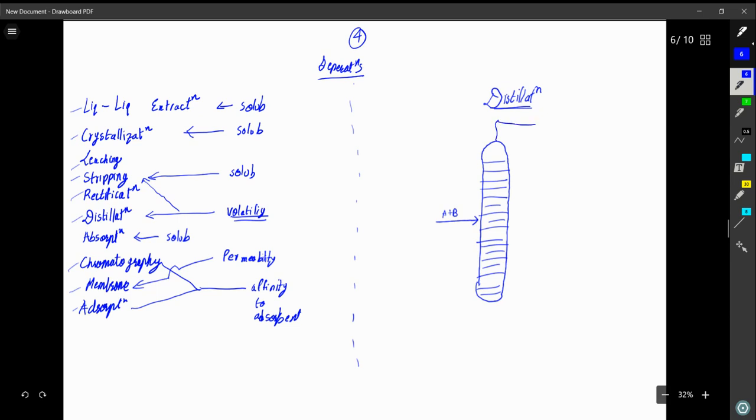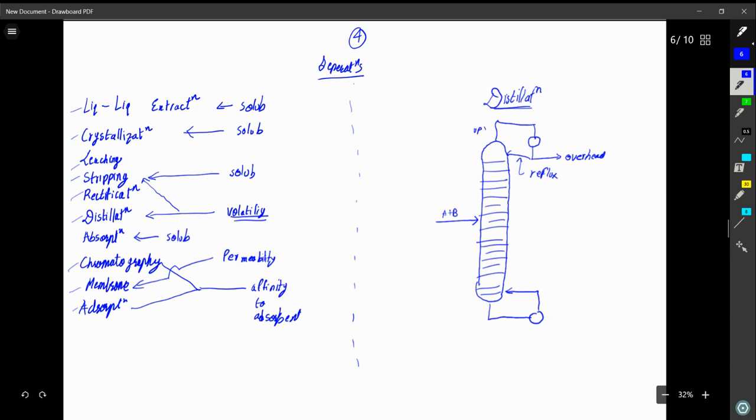There's a vapor coming out of here, and then you have a condenser, and this separates into two streams. What comes out is called overhead. What goes back is called reflux, and then you have one thing over here on the bottom. A liquid comes down.